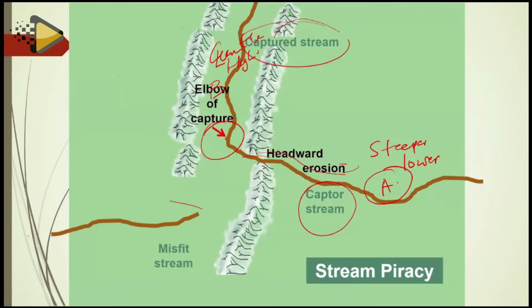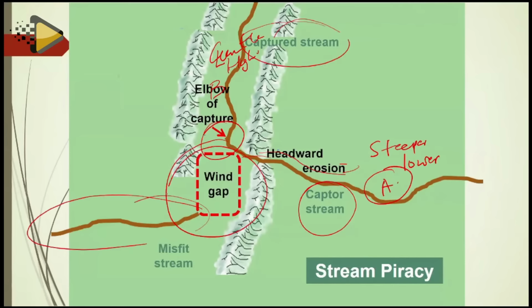This stream that no longer receives water because the water has been diverted is called a misfit stream. This area where the river used to flow, but there is no longer water flowing, is dry. It has got gravel. This area is now called the wind gap. So these are the features of the stream piracy.